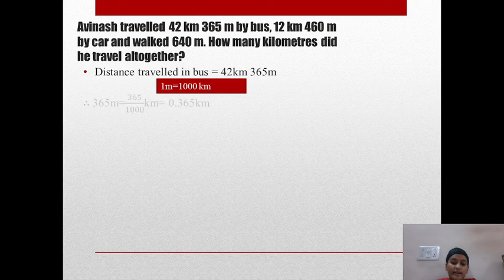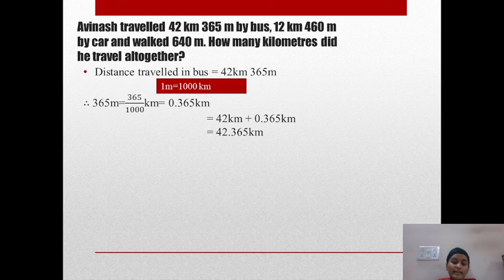So 365 meters will be equal to 0.365 kilometers by dividing it with 1000. Now you will add the two things. 42 kilometers and you will add 0.365. You will get the answer as 42.365 kilometers. Now this is the distance traveled in the bus.